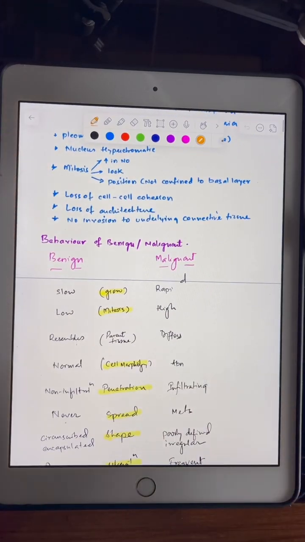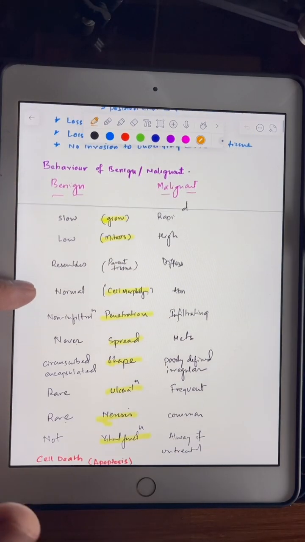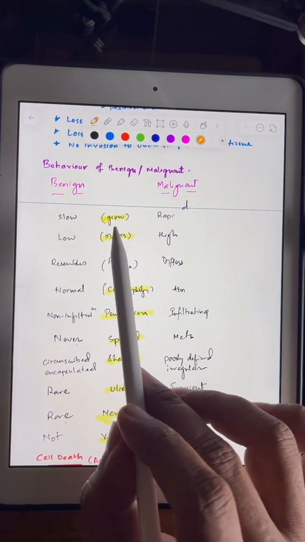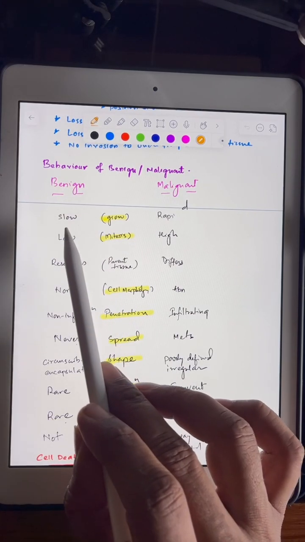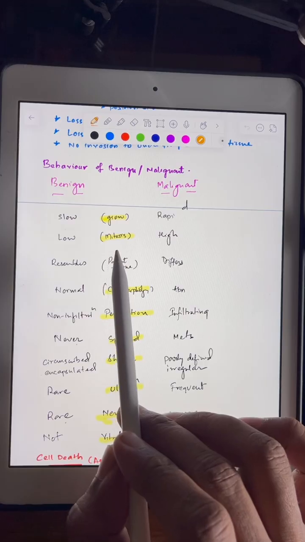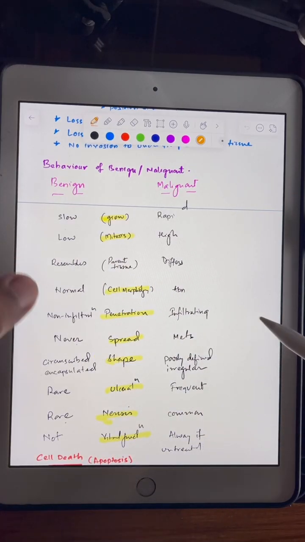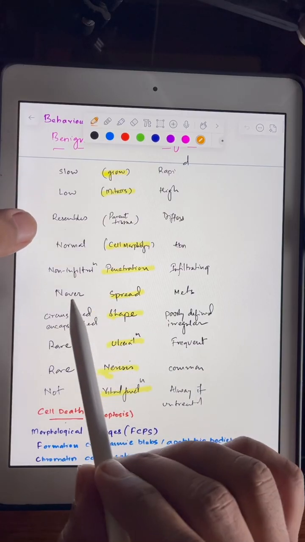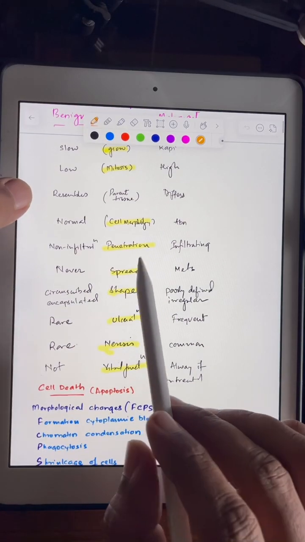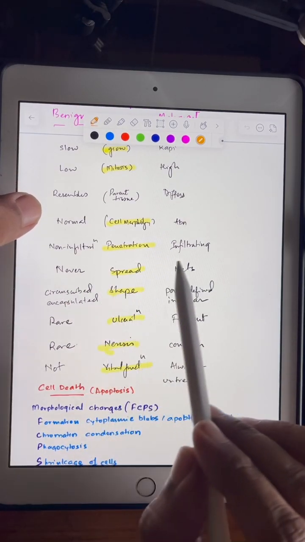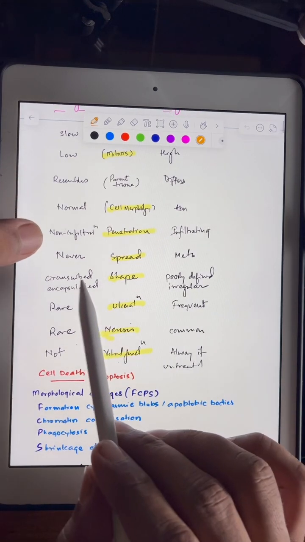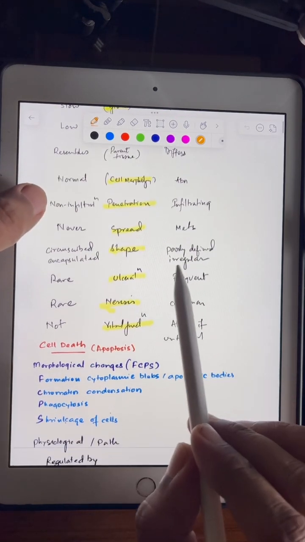Behavior of malignant and benign tumors. Regarding growth, benign are slow, malignant are rapid. Mitosis is low, high resemblance to the parent tissue, normal cell morphology. Benign is non-infiltrating, and malignant is infiltrating. Spread, benign never spreads, malignant shows metastasis.